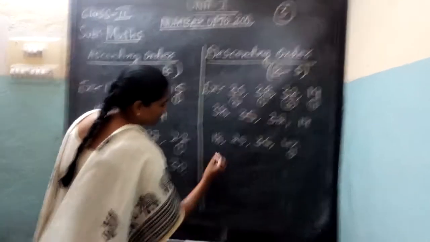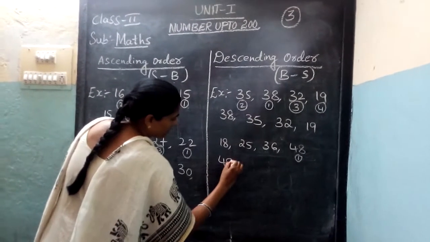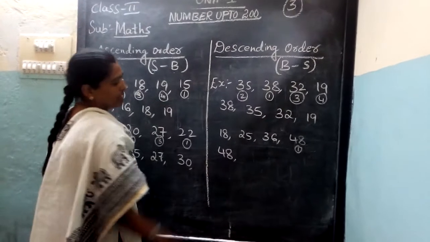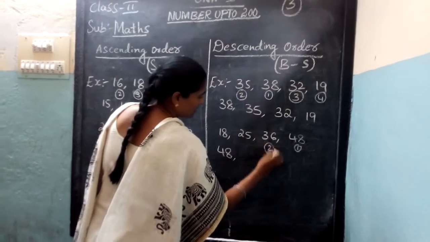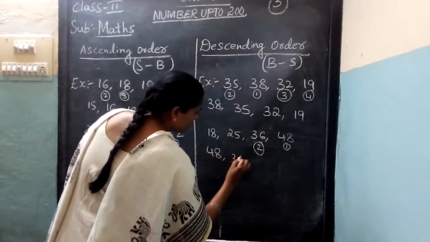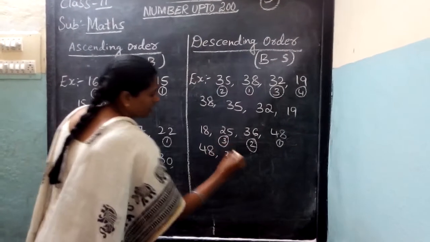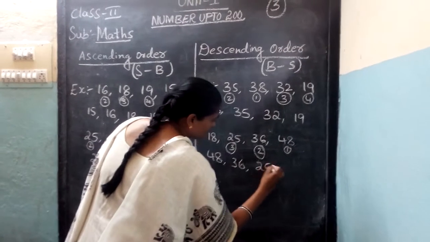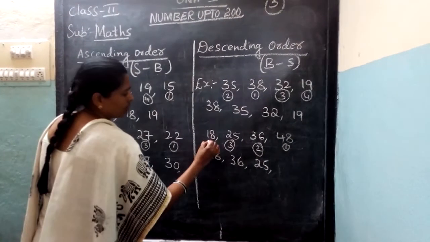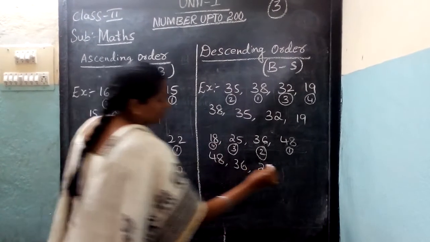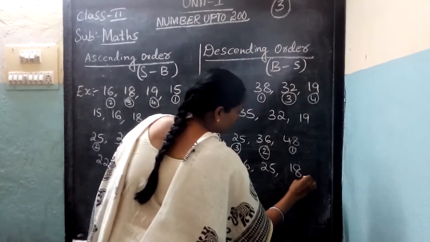Yes, 48 is the big number. Next, which one is the big number next? Yes, 36 is the next big number. Next big number 25. Next, 18 is the next big number.